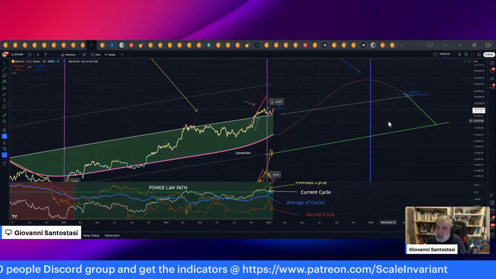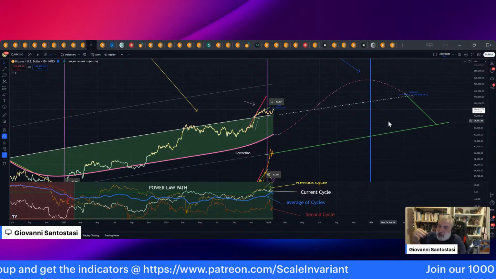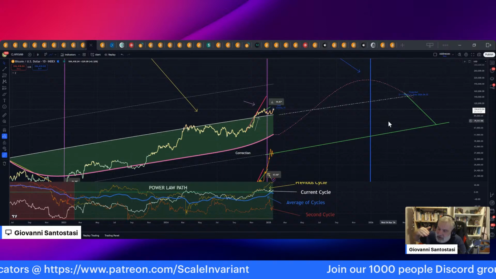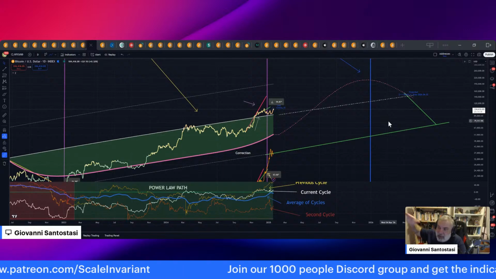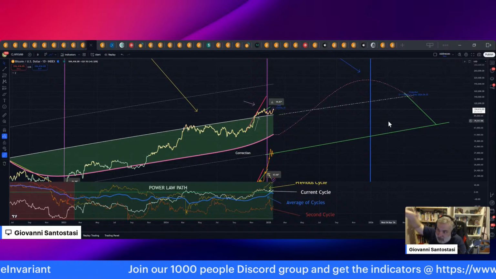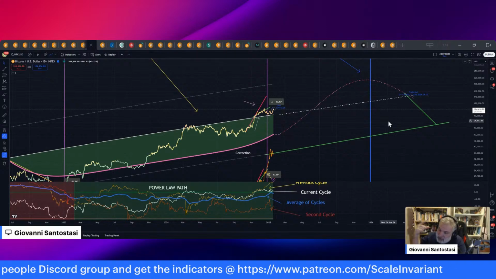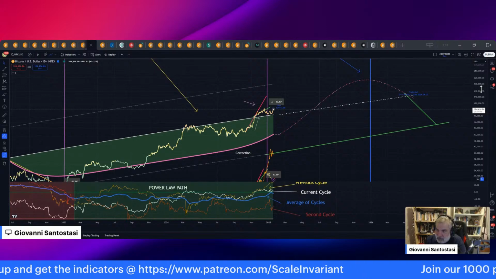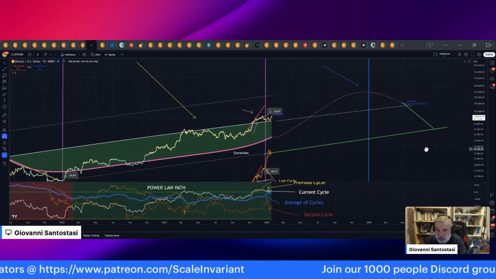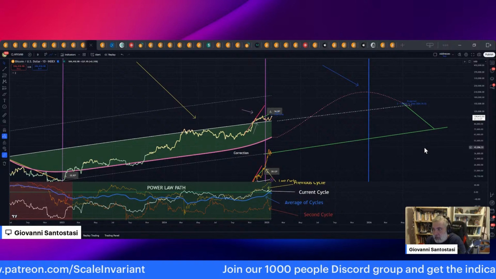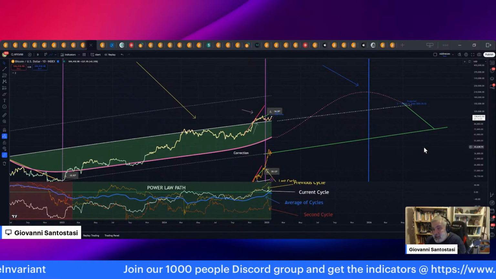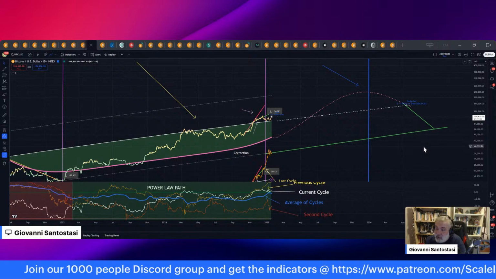It depends on which version you use. It was supposed to go to 1 million, but that's the average value for the cycle, because it's not even the top, it's the average value that the stock-to-flow model predicts. 1 million average if you use one of the versions.